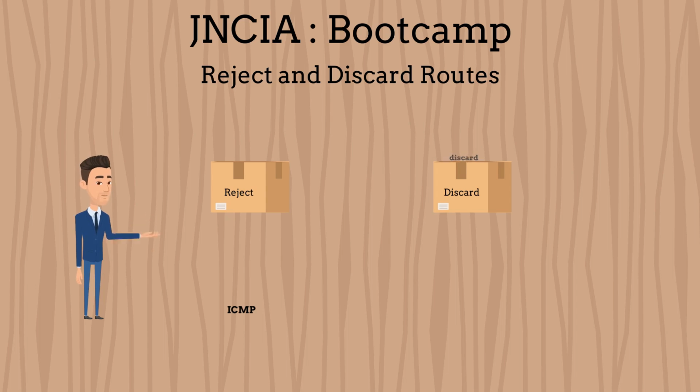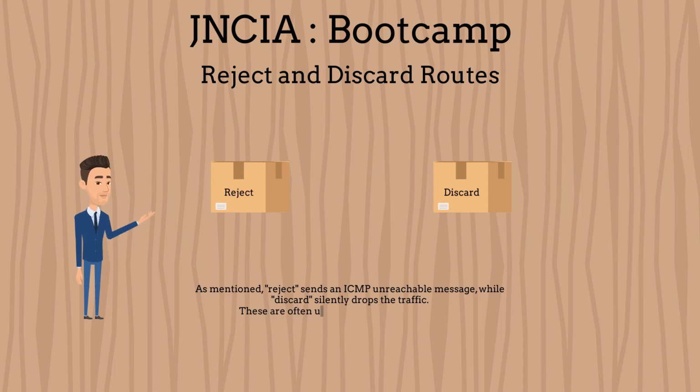In other words, there is no response seen. As mentioned, reject sends an ICMP unreachable message, while discard silently drops the traffic. These are often used in aggregation or security.